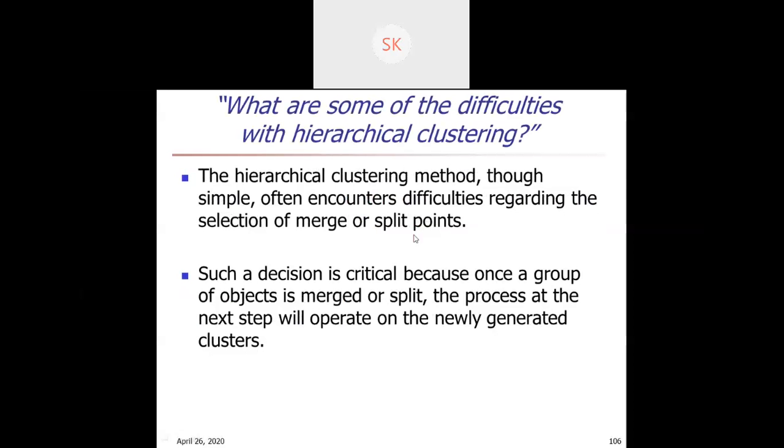So what are some of the difficulties in hierarchical clustering? You can say flaws in the hierarchical clustering method. The hierarchical clustering method often encounters difficulties regarding the selection of merge or split points. Such a decision is critical because once a group of objects is merged or split, the process at the next step will operate on the newly generated clusters.